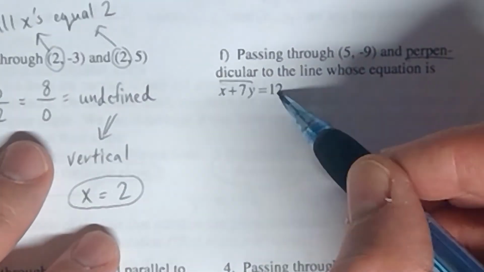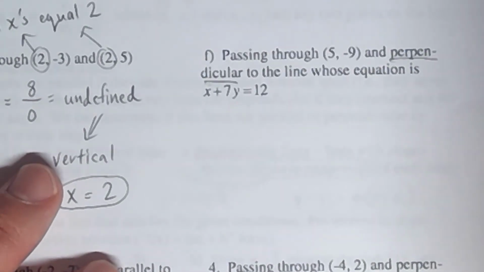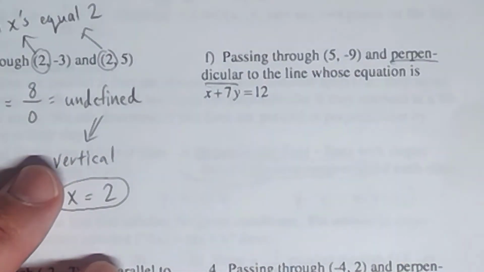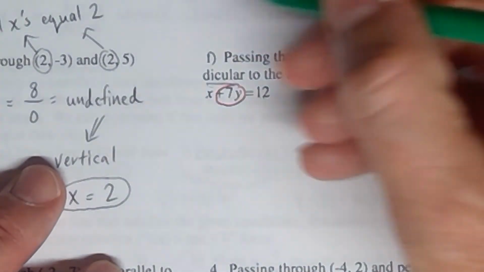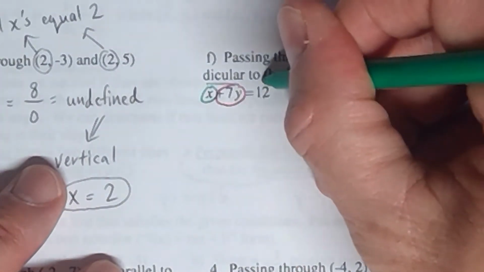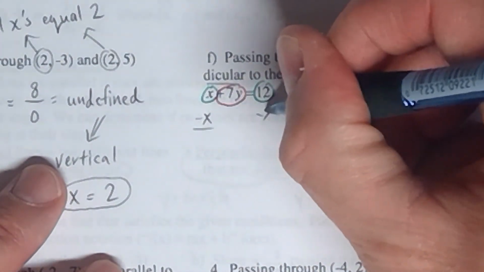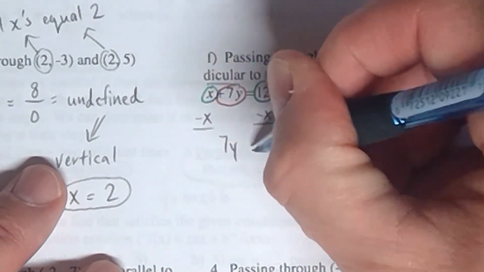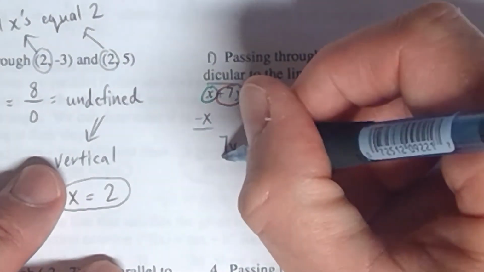But we need to use this equation in order to figure out the slope of the line that we're trying to find here eventually. So what I do, just like I did in the last section, in order to get the y by itself, I first of all get the term that has the y in it by itself by subtracting the x over to the other side. And then I divide out by 7.